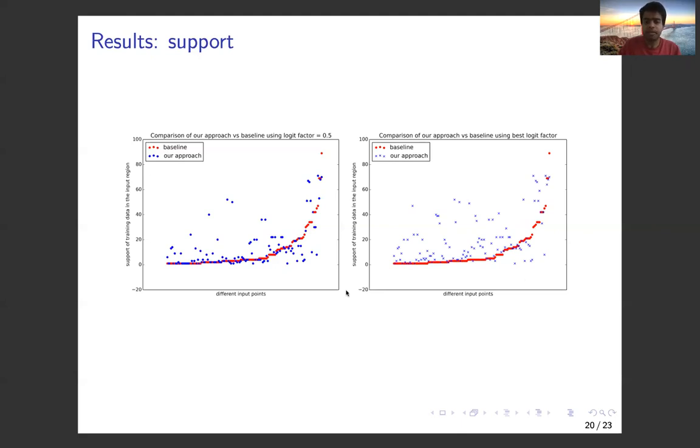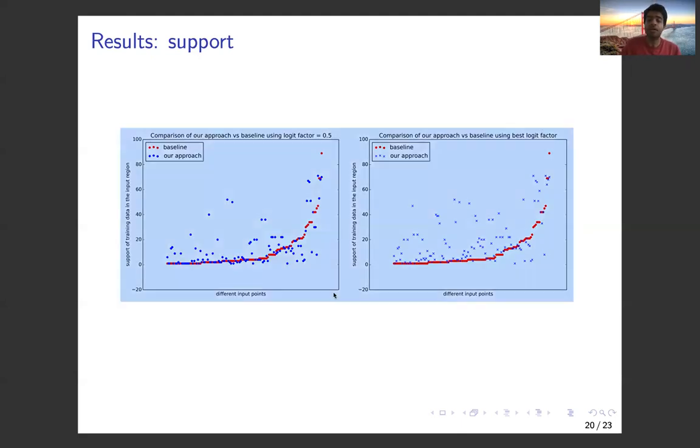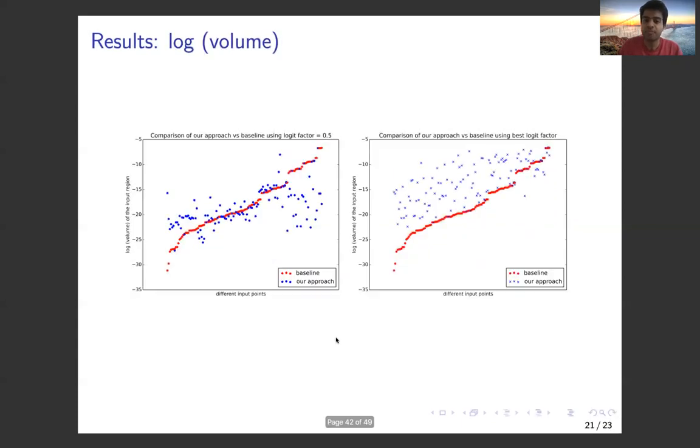And these are the results on the support metric, but the results remain the same when we move to the log volume metric. Again, we are able to find points where we are performing much better than the baseline, and we are able to identify larger input regions. And again, these results are compounded very much if we choose the best epsilon for our approach.